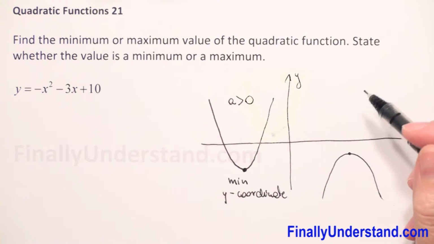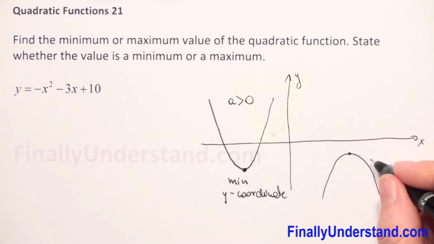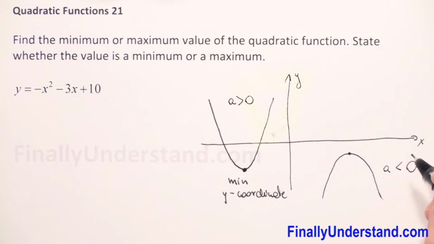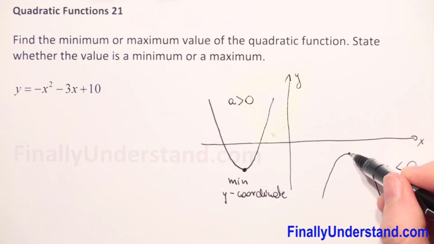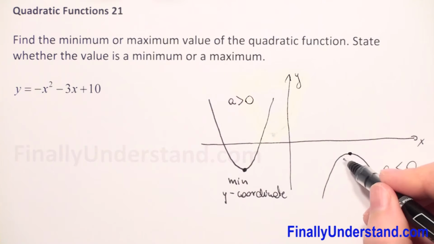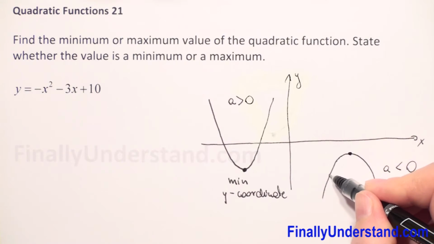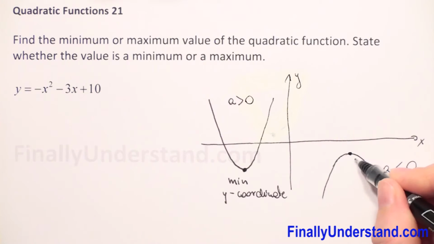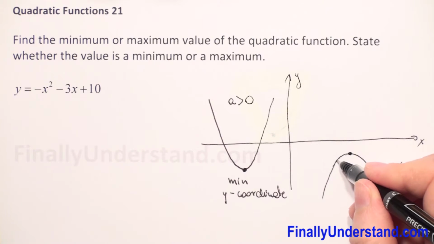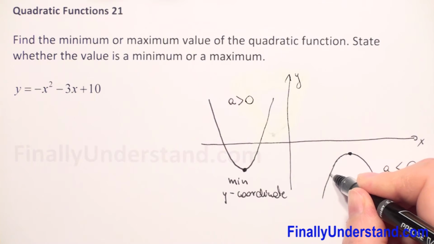And when we have a parabola that opens down, which means a is less than 0, the vertex gives me the maximum y coordinate. Why? Because on every point of our graph, when we go to the left or to the right side, the values go down.